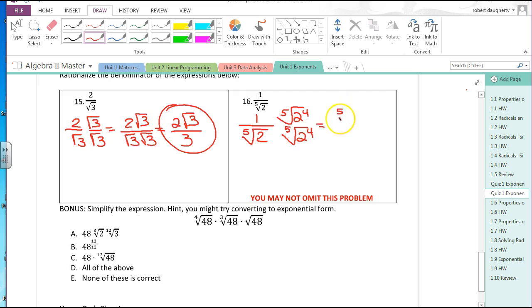That will give me the 5th root of 2 to the 4th in the numerator. And on the bottom, I will get the 5th root of 2 to the 5th, which is what I wanted. So this is the 5th root of 16 over 2. And that is your rational form, rational denominator.